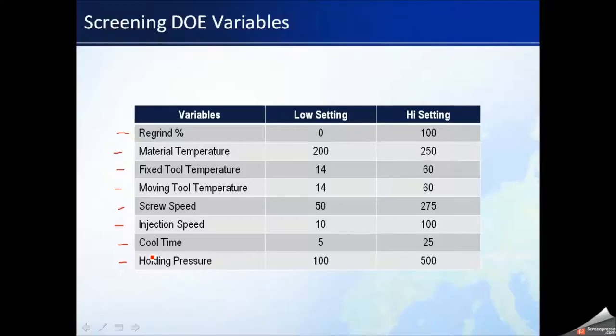But actually what most people do is they only count the variables. They don't look at the number of combinations. So look at this. You have 100 choices multiplied by 50 choices, multiplied by 44, by 44 choices, by 225 choices, by 90 choices, by 20 choices, by 400 choices.